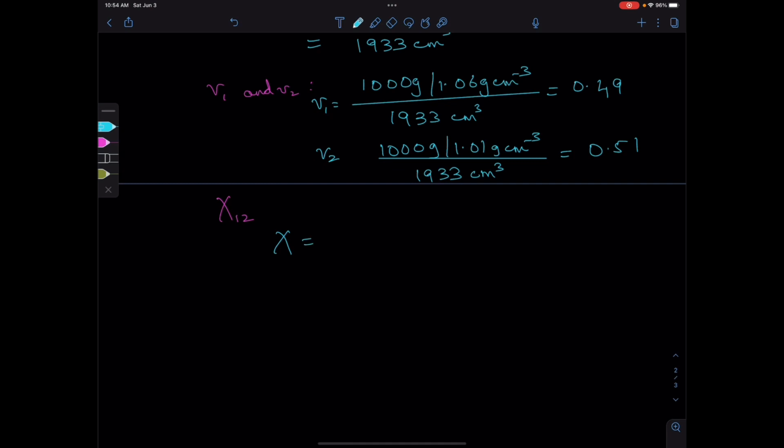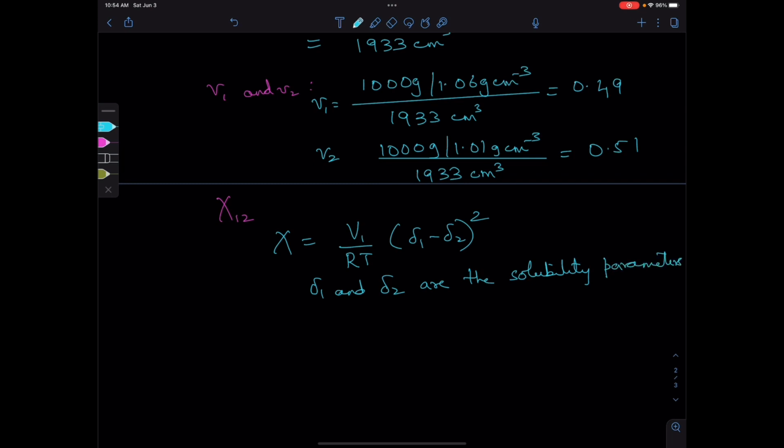Chi is given as V1 over RT times (delta 1 minus delta 2) whole square, where delta 1 and delta 2 are the solubility parameters of the two polymers.